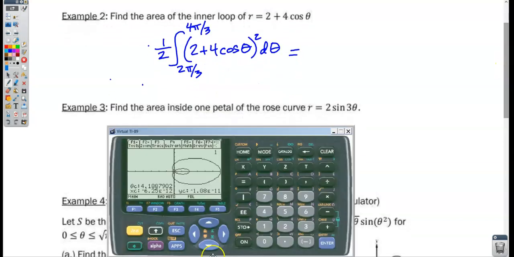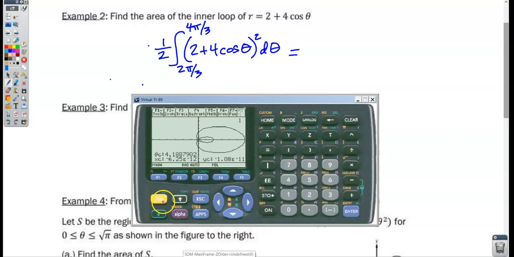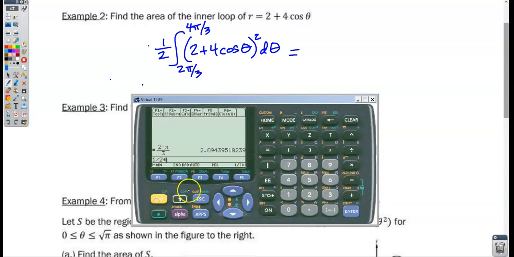And let's go ahead and calculate that area inside of the inner loop. Using our graphing calculator, we've got 1/2 times the integral of the quantity 2 plus 4 cosine of theta, quantity squared, with respect to theta, from 2 pi over 3.